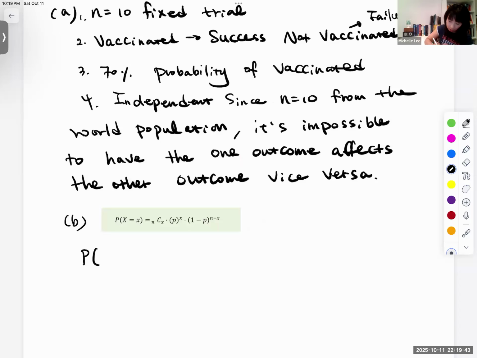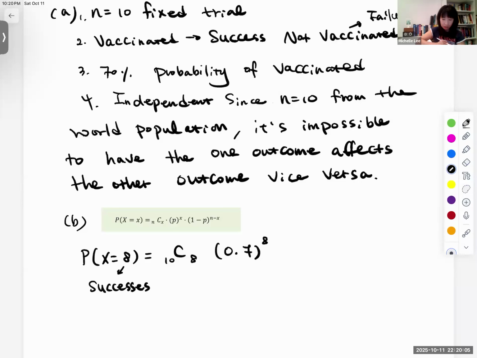X equals 8 out of 10, so the combination 8 out of 10. What's the probability? 0.7, and the number of successes is 8.